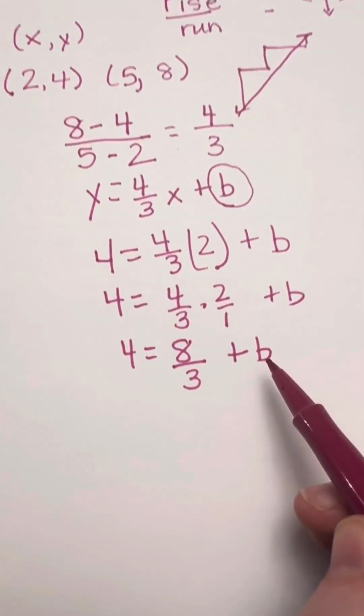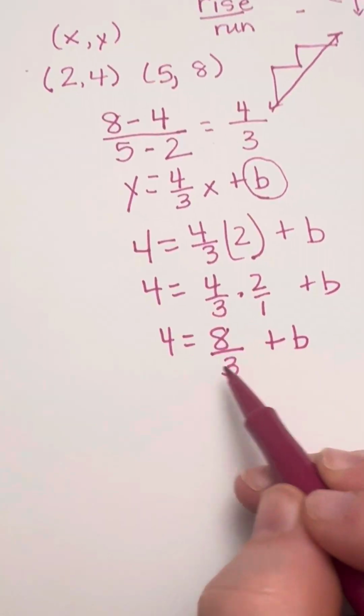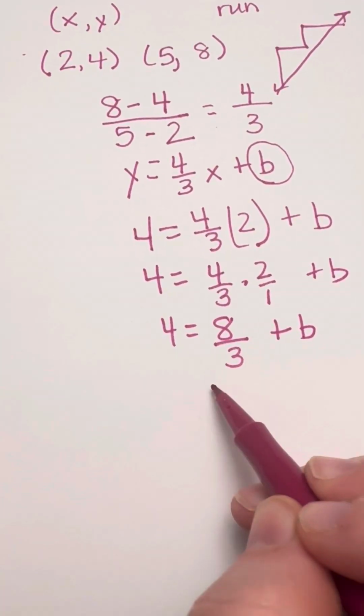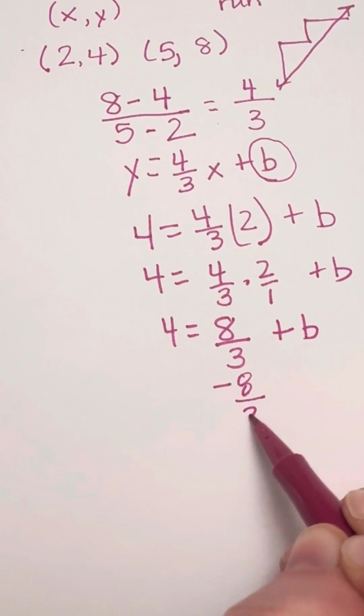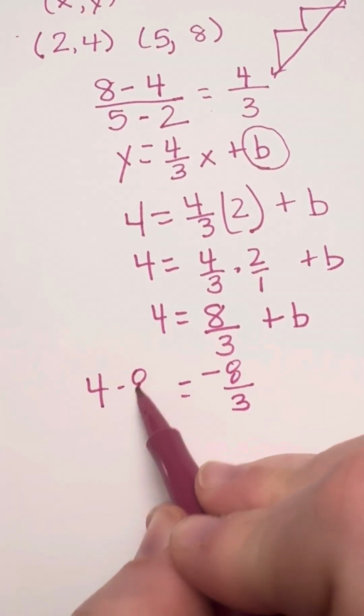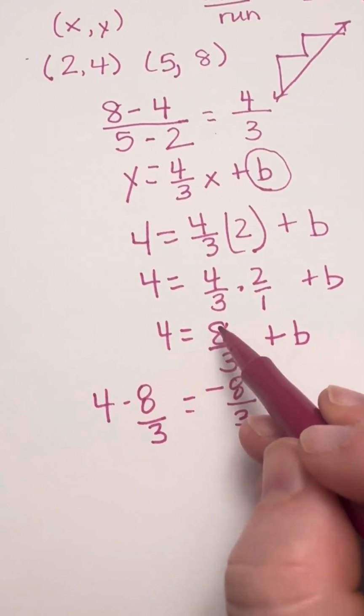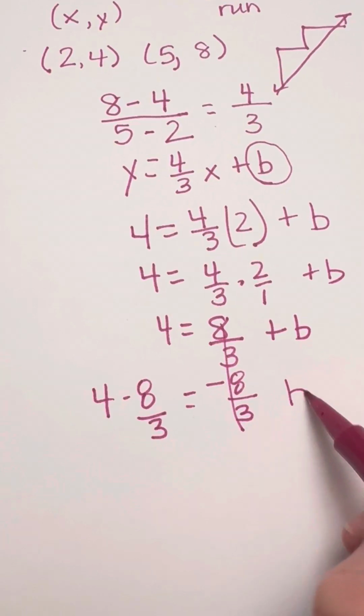I still need to get this b by itself, so I need to take this 8/3 over here. And it's positive, so I'm going to need to subtract it from both sides to get my answer. So 4 minus 8/3, that cancels out, equals b.